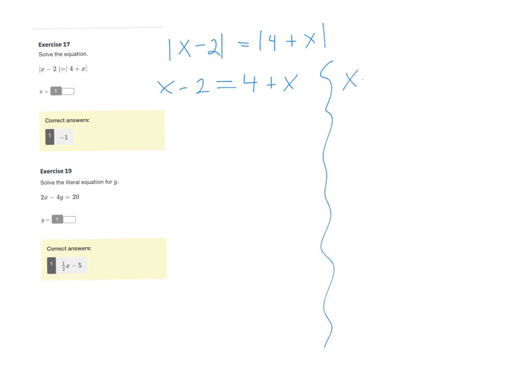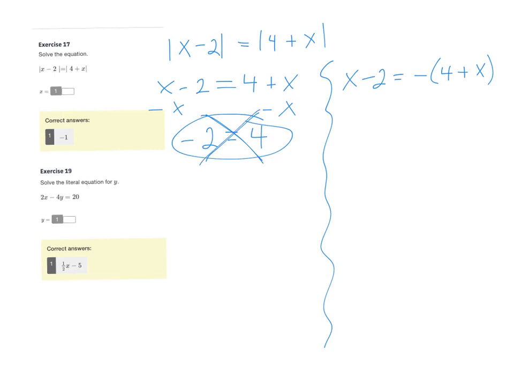We'd have x minus 2 is equal to the opposite of 4 plus x. So, let's say I minus x from both sides. I'm going to get negative 2 is equal to 4. So this is not going to give us a solution. So this side is not going to help us at all.